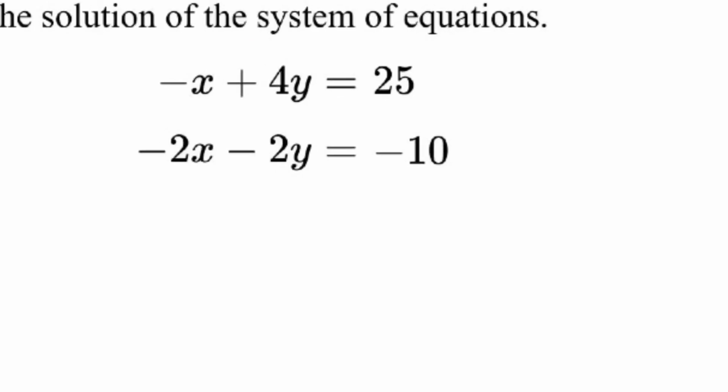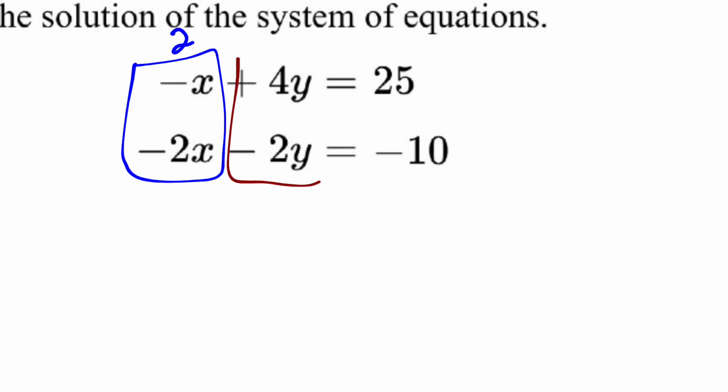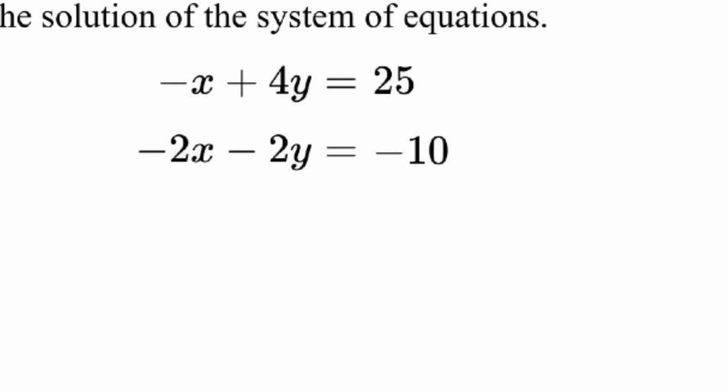For example here, in my x column, I could double the top one to make them the same. They have a least common multiple of 2. In my y column, I could double the bottom one because they have a least common multiple of 4. So it doesn't really matter which one I choose for this one. I'm just going to pick the y because it already has a plus and a minus.